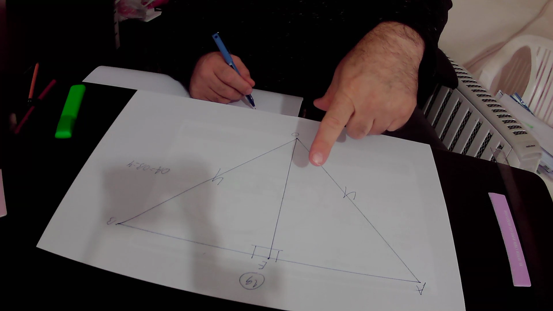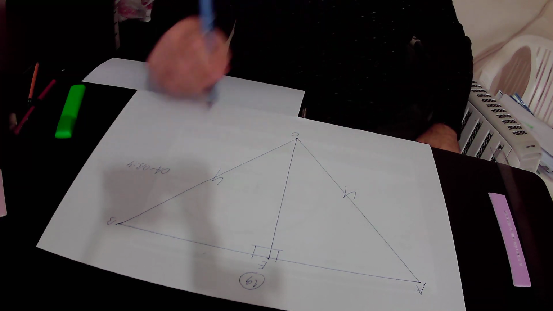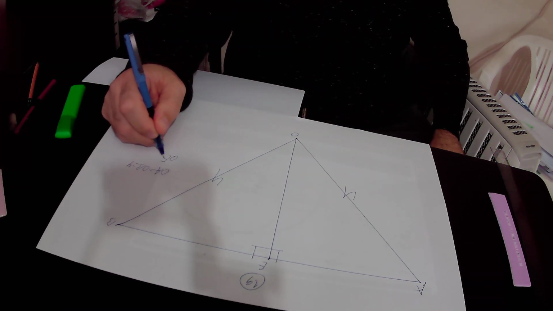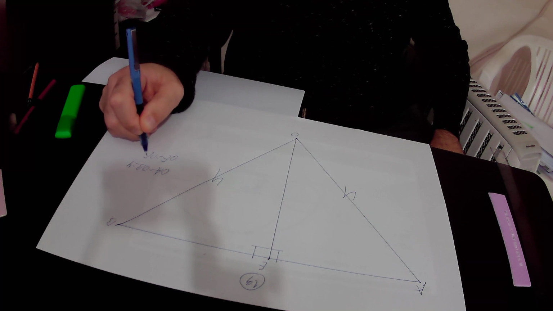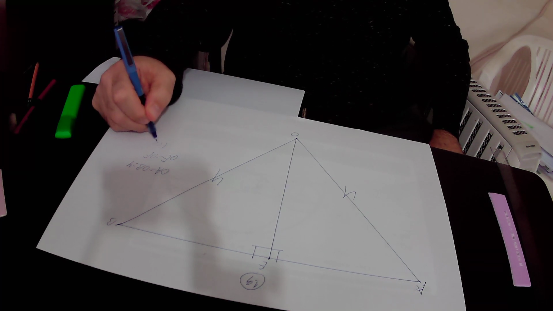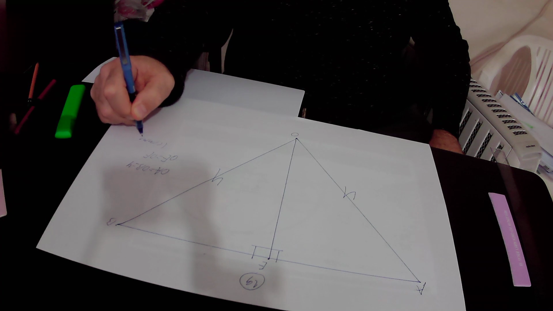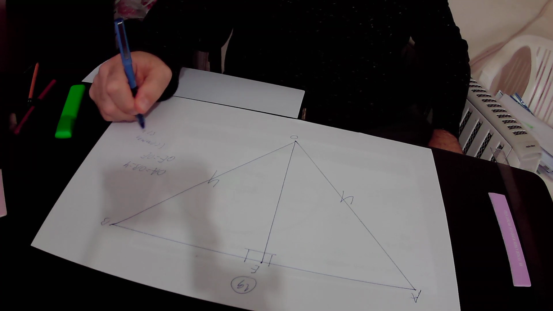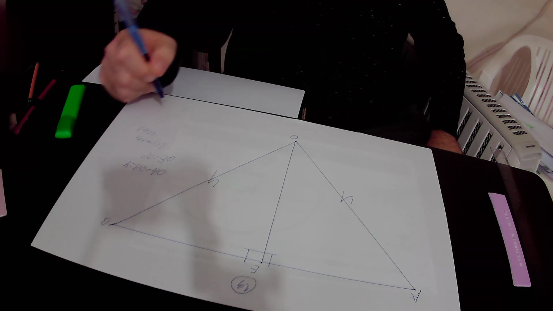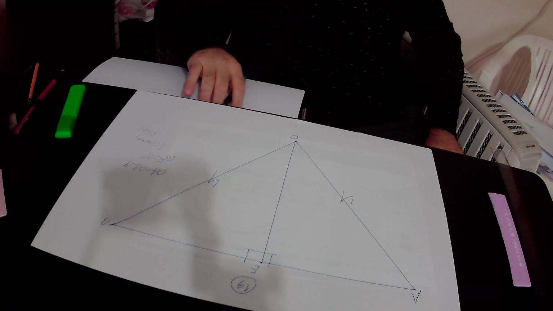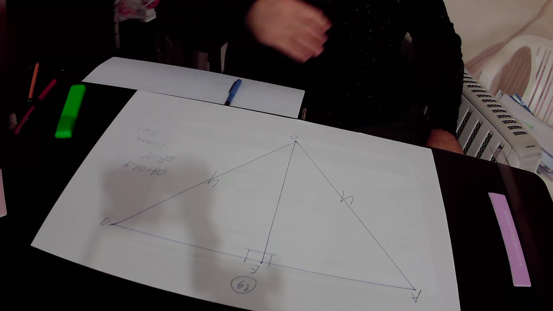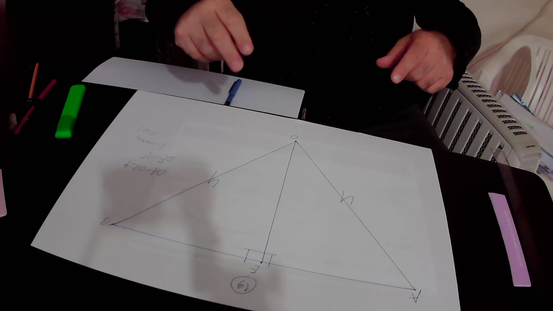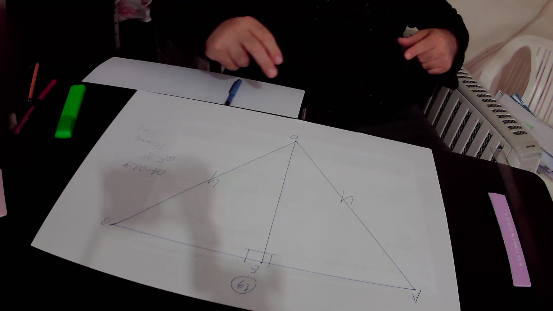It belongs to both right triangles, so OE equals OE. So by proving those two things, we actually proved that those two triangles can go into each other.